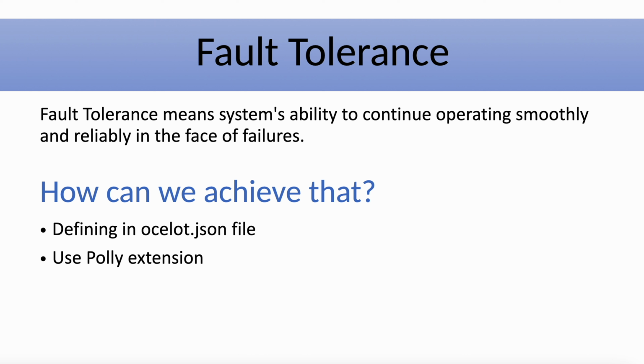There are two ways we can achieve that. We can define the settings in the actuator JSON file. It could be another file as well, and we can use the poly extension. We can define the threshold in the JSON, and we can also set the threshold in the poly extension as well. We'll see it when we implement it during the hands-on.